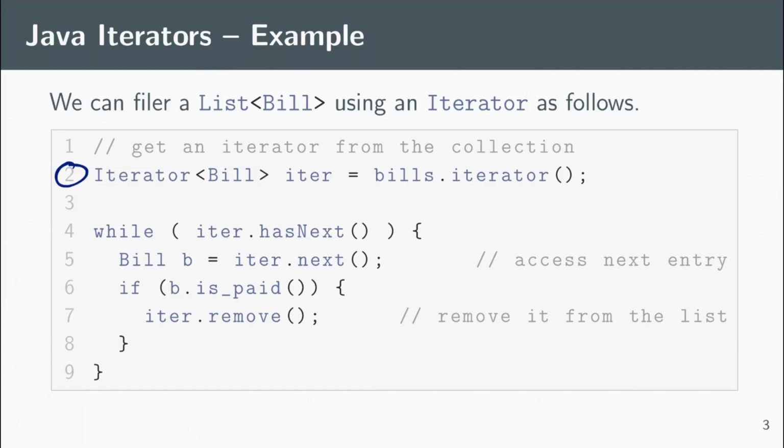Iterator is an interface that declares methods hasNext, next, and remove. So we can say while the iterator has next elements, get one and inspect it, etc. And then crucially, we remove it from the list by calling the remove method on the iterator. And now it's the iterator's responsibility to remove it from the underlying list, resolving any possible problems.